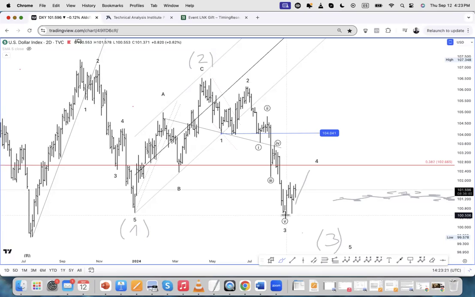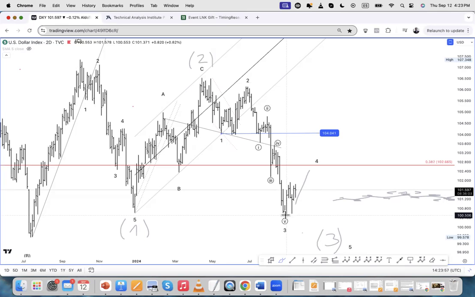These are where the odds go in our favor, where we can trade with confidence, where we can trade with calmness, because we know that whether it is count A or count B, they're going to move in the same direction. And one of the things that is phenomenal about the wave principle is that we know specific points where our counts, whether it is a wave 3 or a wave C, are going to be wrong, are going to be invalidated.